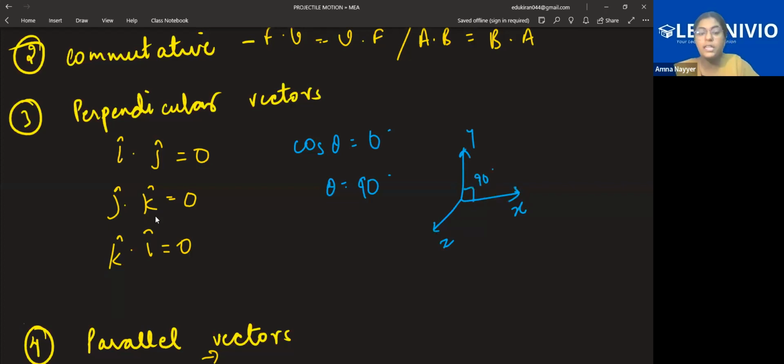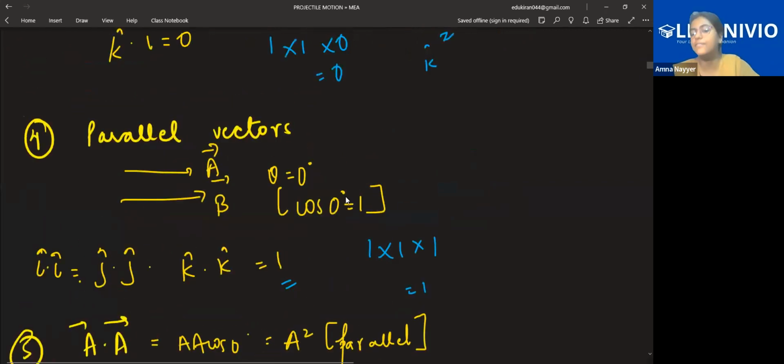So when you multiply i cap, j cap, k cap, or the negative ones amongst them, you directly get 0 because cos theta is 0 here. Unit vectors always have magnitude 1. So magnitude 1, second vector magnitude 1, and then cos of the angle is 0. So the final answer is 0. That's why you have lines of zeros over here, and you just have 1 over here.